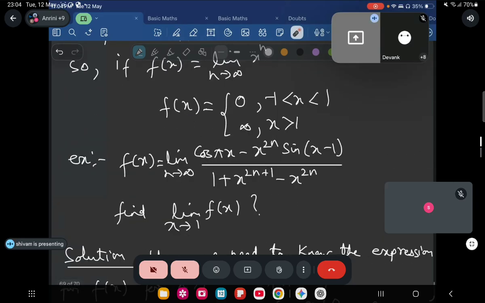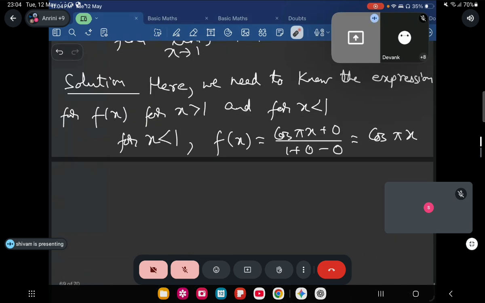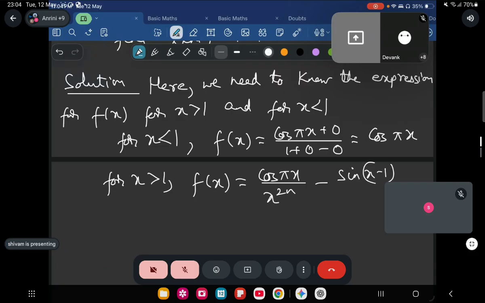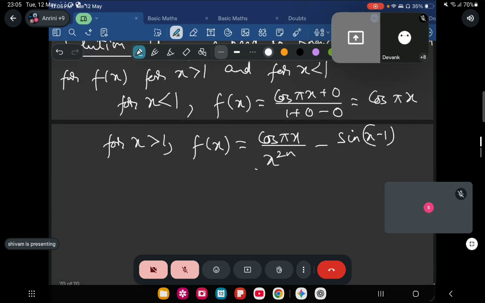For x greater than 1, see, this is tending to infinity. This is tending to infinity. This is tending to infinity. So what you have to do is divide by x to the power 2n. Can I write f of x for x greater than 1 as cos pi x divided by x to the power 2n minus sine of x minus 1, divided by 1 by x to the power 2n plus x minus 1?